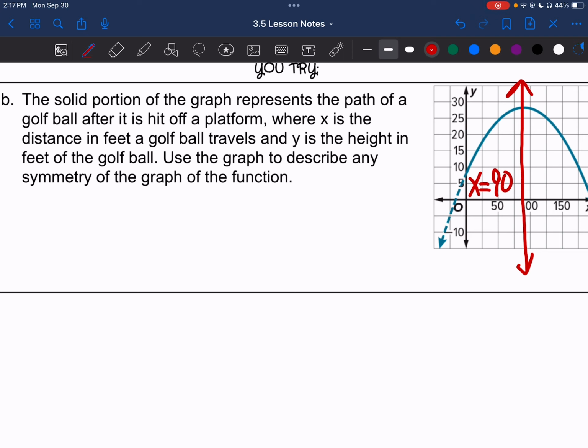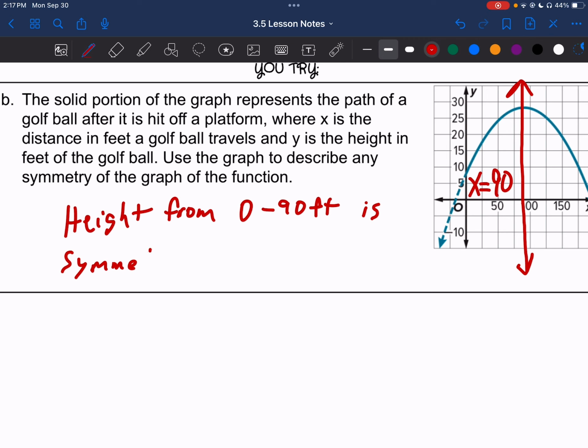Now, the height from 0 to 90 feet is the same, or is symmetrical, to the height from 90 to 180 feet.